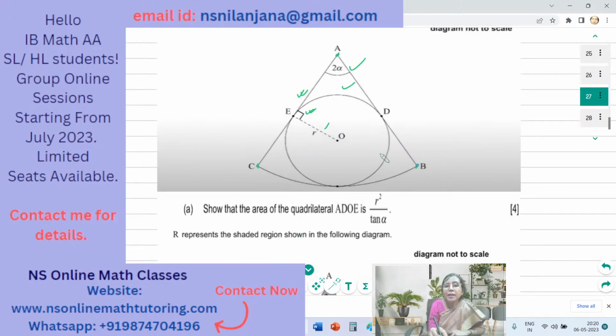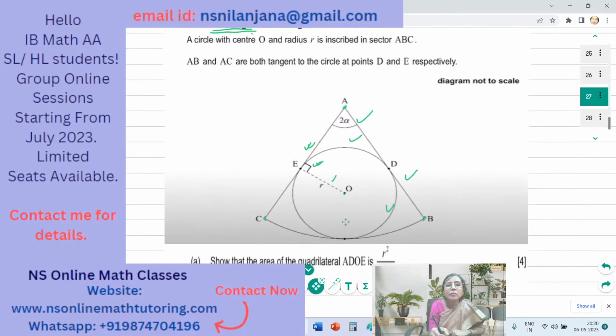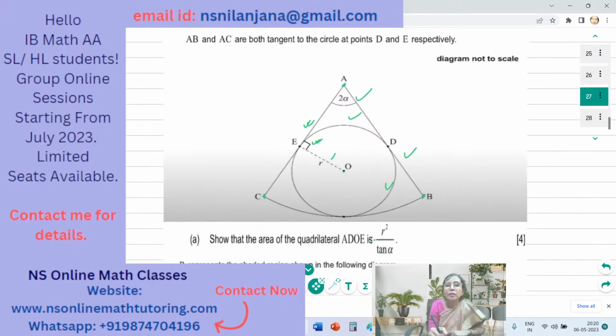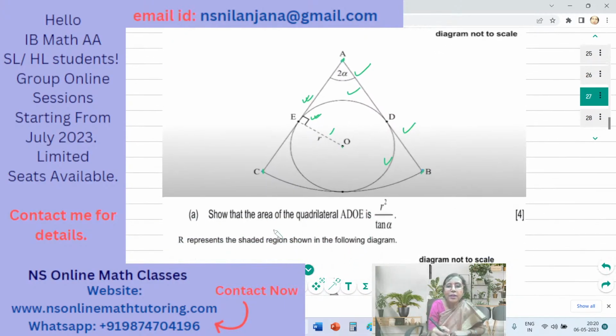This circle is inscribed within this sector ABC, and this circle is having the center as O and the radius as R. And AB and AC are both tangent to the circle at points D and E respectively. Yeah, that we have seen at these 2 points. The AE and AD, these two are the 2 tangents. So let me just draw this radius as well.